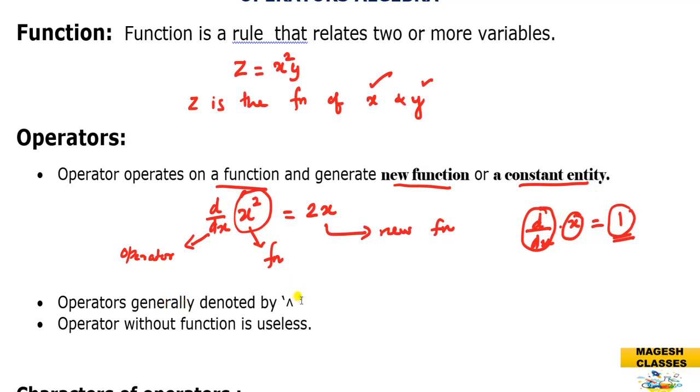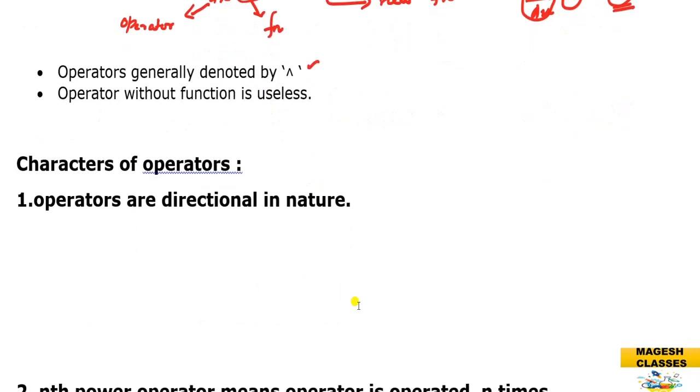Operators are generally denoted by a cap letter, and an operator without a function is useless. Now come to the characters of the operators. This video fully covers the operators part and the properties of the operator, and one of the important operations, commutation, is going to be discussed.